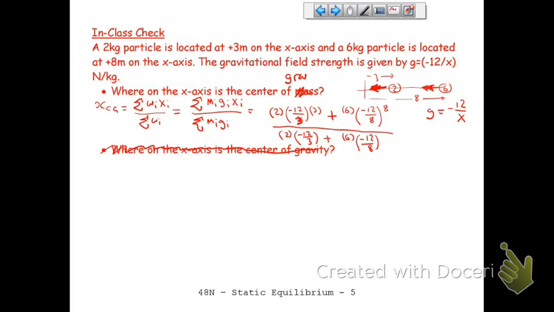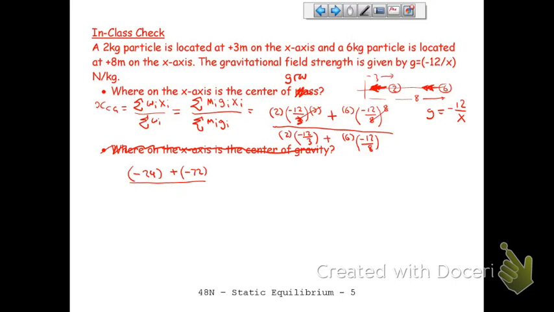As I say, I'm not sure about the negative signs. I think it all cancels out in the end. We'll just push it through. Those two cancel, so that's going to be -24 added to, and those two cancel, so that's going to be -72, over, and now they don't cancel.